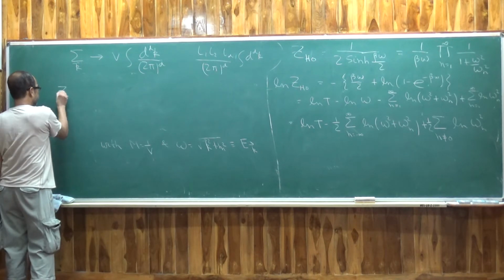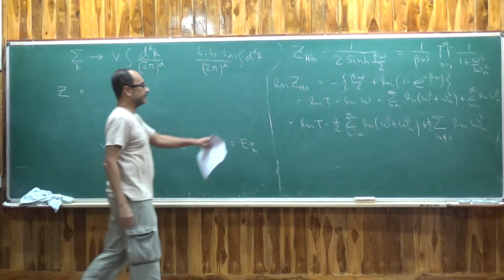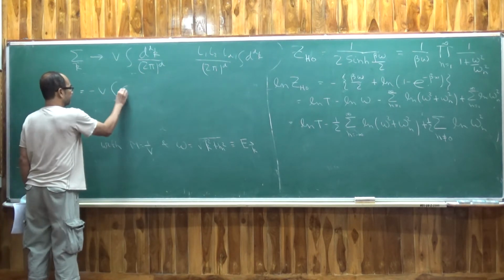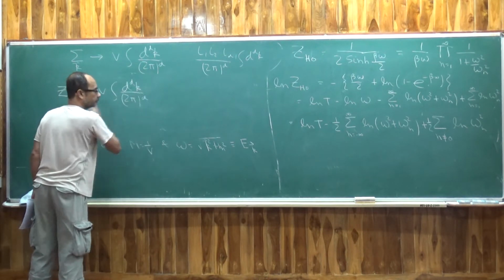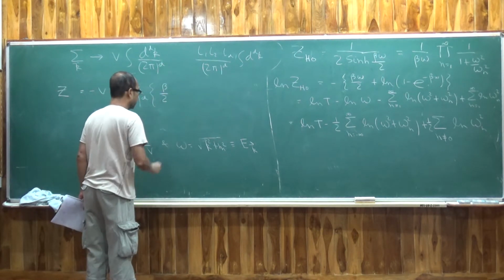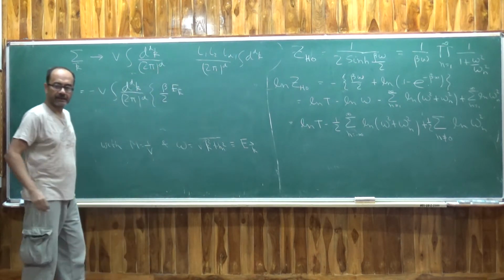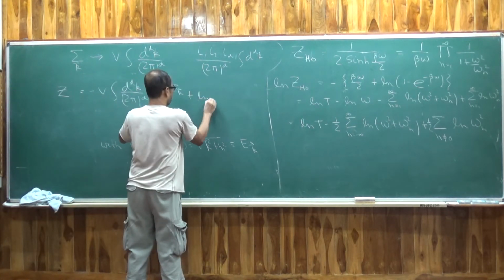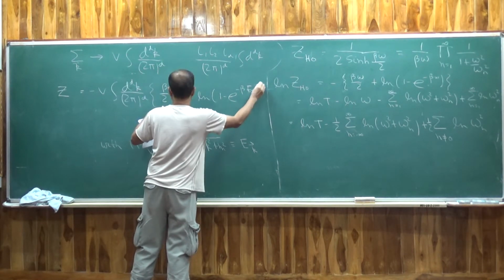So then we get ln Z equal to, let's use the first expression, minus V integral d^dk over (2π)^d times β E_k by 2 plus log of 1 minus e to the minus β E_k, where ω has been replaced by E_k.